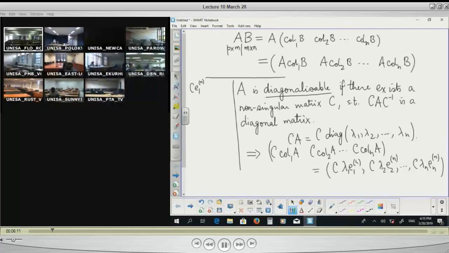So this is actually nothing else but the first column of C. So in general, if you take an i, this is the ith column of C, right?